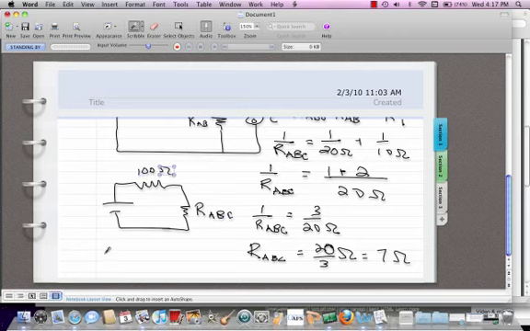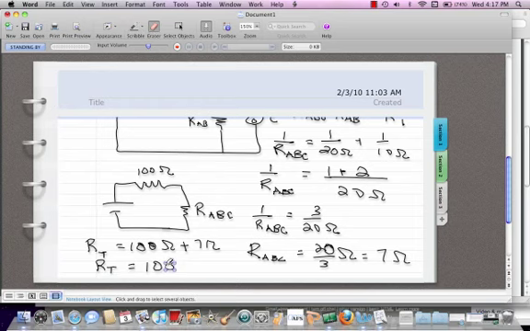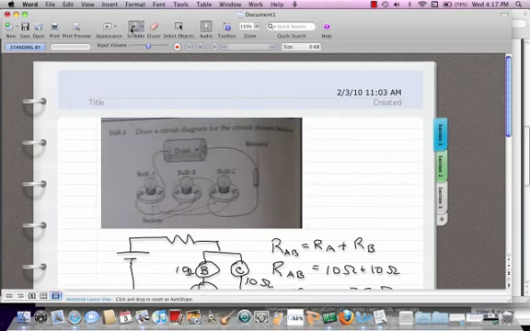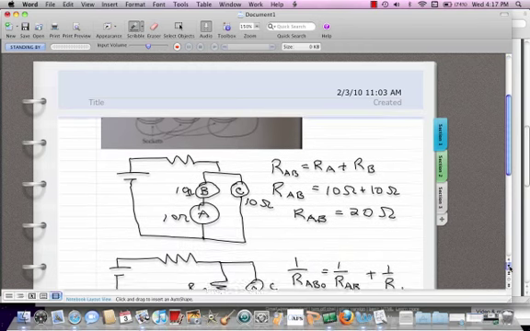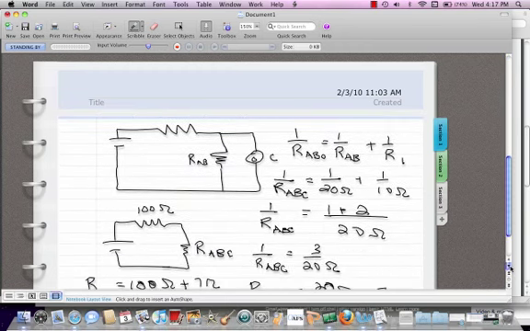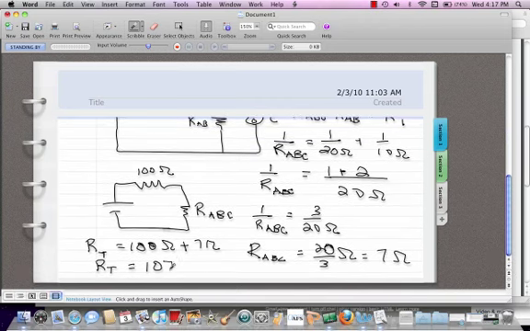So now to find the equivalent resistance here, I'm just adding. So my R total equals 100 ohms plus 7 ohms. And so I get an R total of 107 ohms.